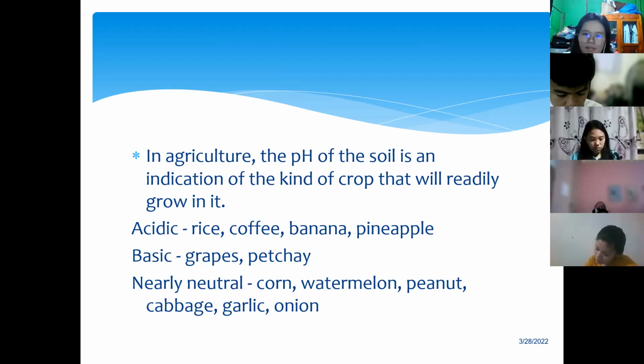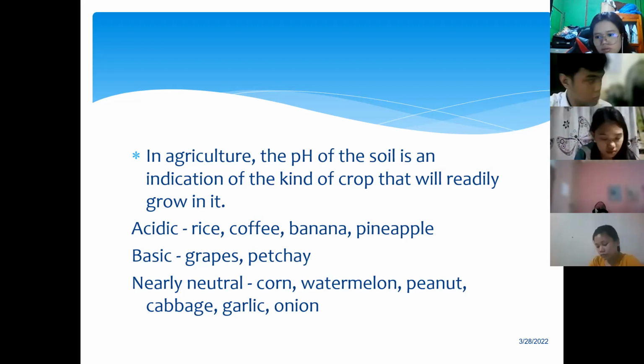Now, for agriculture, yung pH naman ng soil natin will be an indication of what crop will be readily grown in that kind of soil. So since yung Philippines is like agricultural din na country, we also have to make sure na tama din yung pa-plant natin in a certain soil na pH.